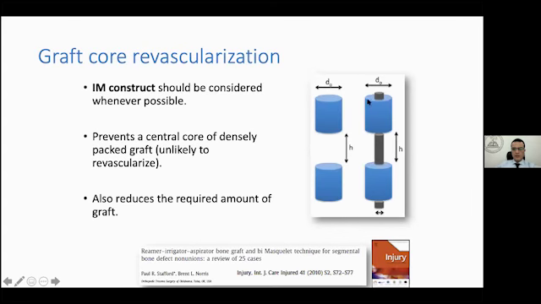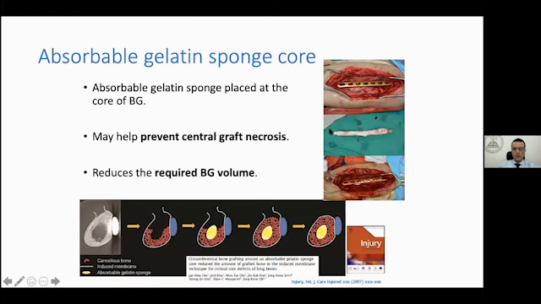The graft revascularization occurs from the periphery, from underneath the membrane towards the center. That's why an intramedullary construct should be considered whenever possible. This will reduce the amount of graft volume required to fill the membrane and reduce the amount of central graft necrosis. Alternatively, a central core of gelatin sponge can be used to reduce the amount of graft needed to fill the membrane and to decrease the risk of central graft necrosis.